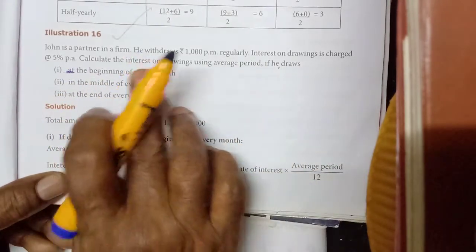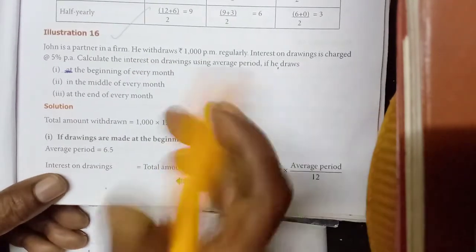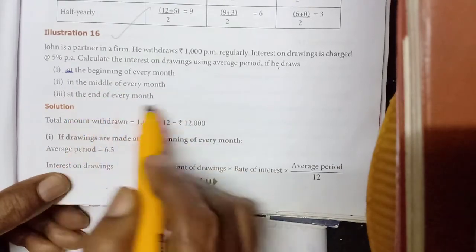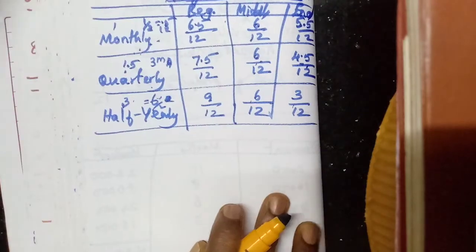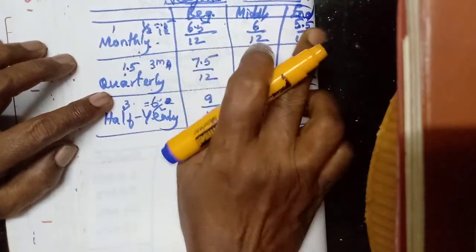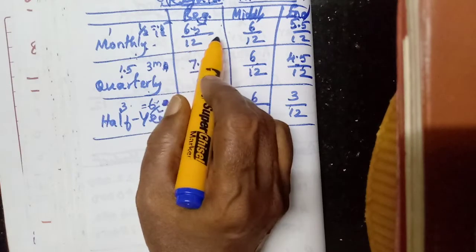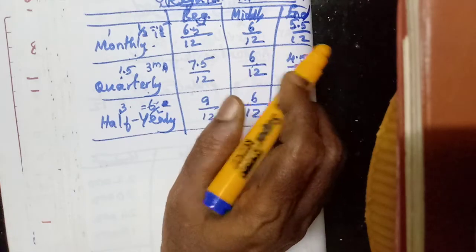Calculate the interest on drawing using average period method. If he draws at the beginning of every month, in the middle of every month, at the end of every month, so only one they have asked. Month, beginning, middle, end. So the average period will be for the beginning 6.5 by 12, middle 6 by 12, end 5.5 by 12.